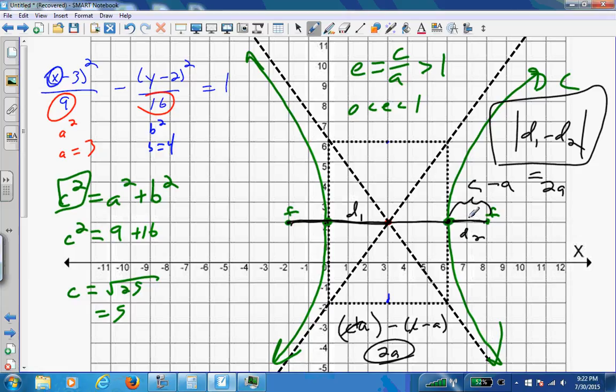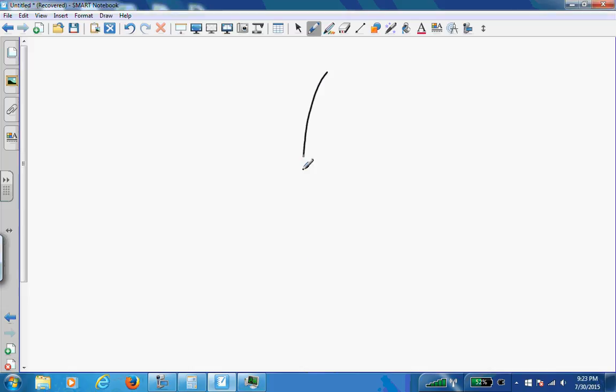Now the closer c gets to a, the flatter our hyperbolas get. So the closer e gets to 1, but is bigger than 1, we have really, really wide, flat hyperbolas.